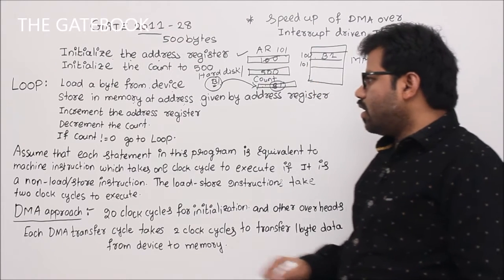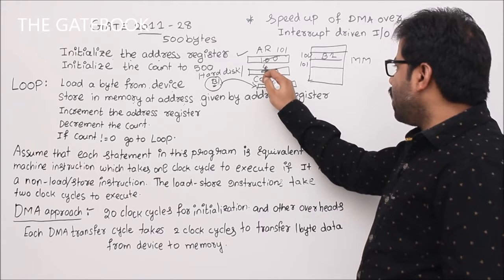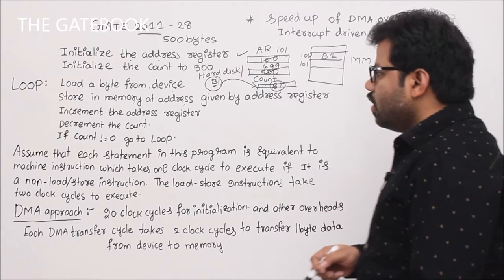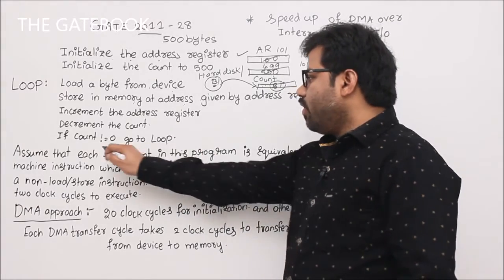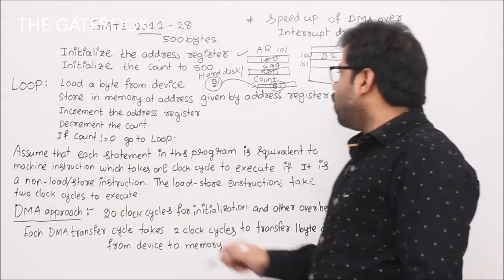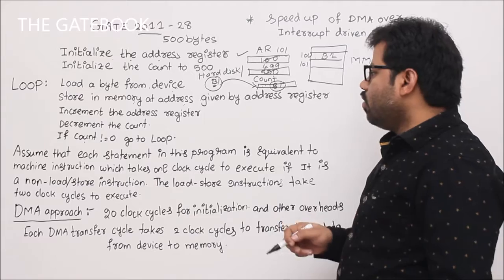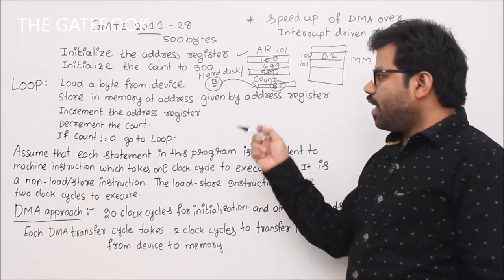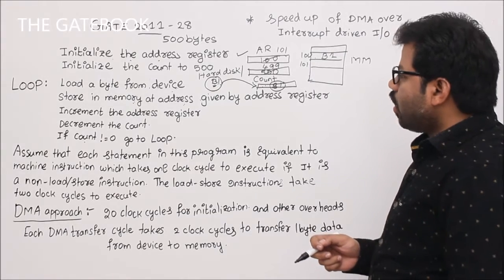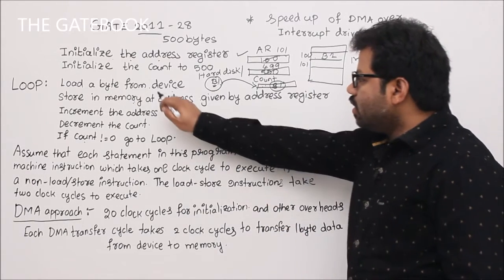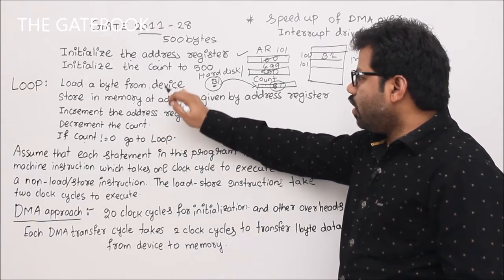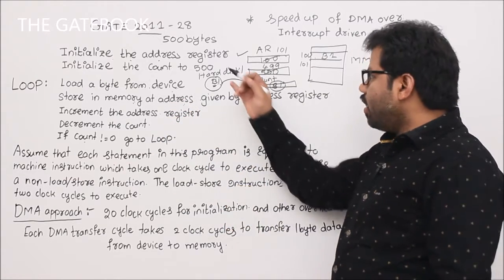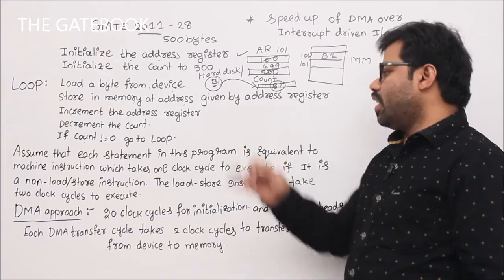After that, decrement the count, because we have to keep track of the number of bytes to be transferred. Then we check this condition: if count is not equal to 0, then go to loop. In that way, 500 times this will be executed. Whenever count is 0, we stop. Then these instructions, 1, 2, 3, 4, 5, are executed 500 times, because for every byte we do that, right?